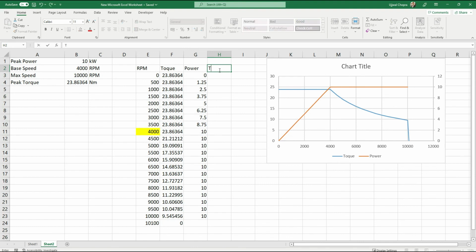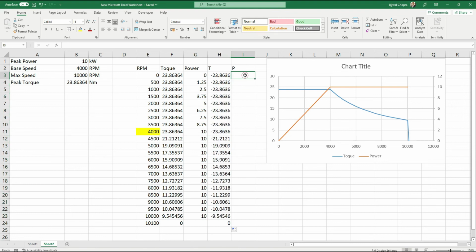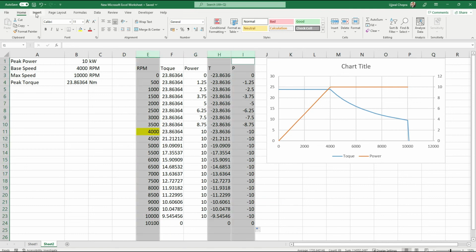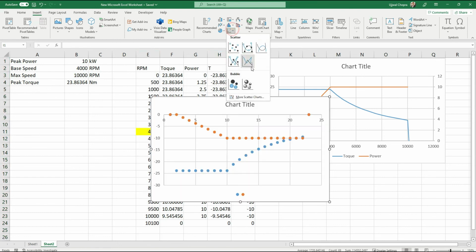Let's do that. And now if we plot this, we'll get ideal generator characteristic curve.